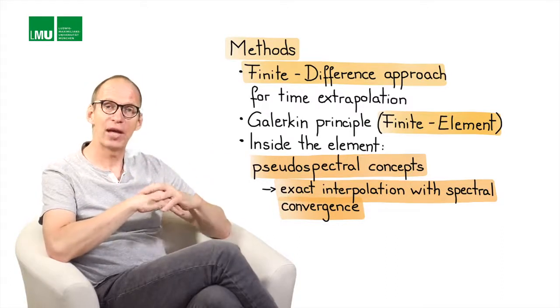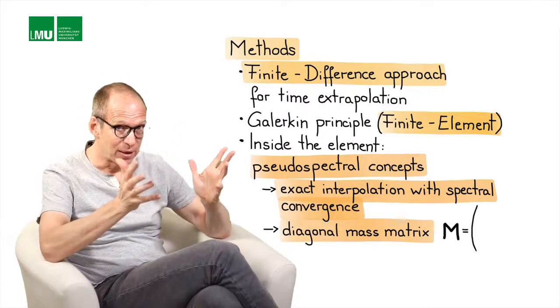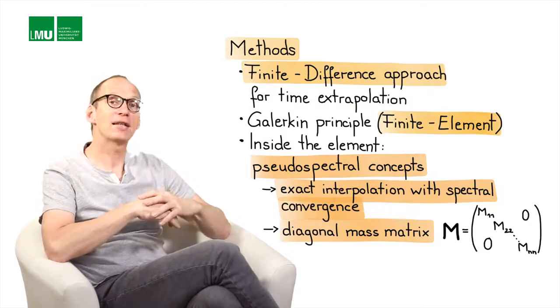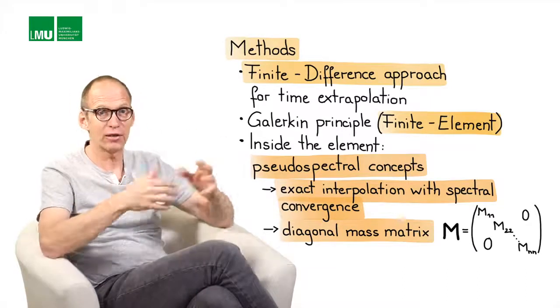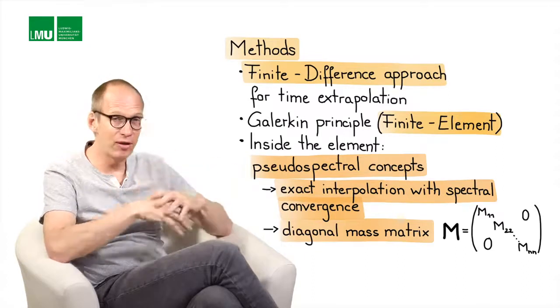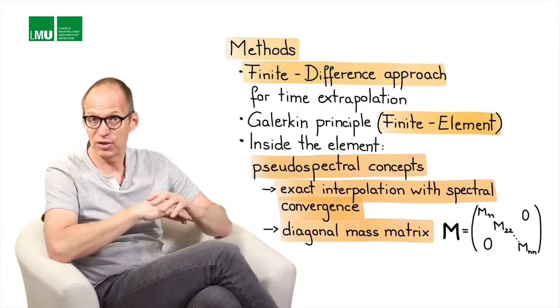We will actually be able to have a diagonal mass matrix. Now, remember, the mass matrix has to be inverted. And if that's a full matrix, it's extremely difficult to invert such a very, very big matrix, as it is for realistic situations.